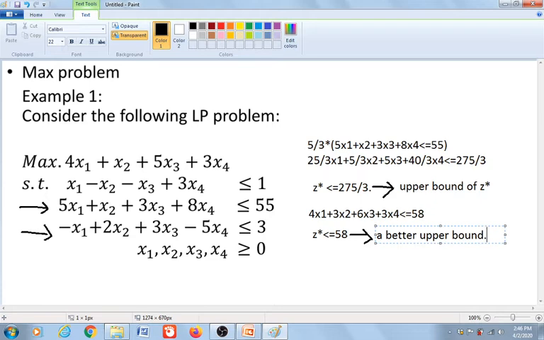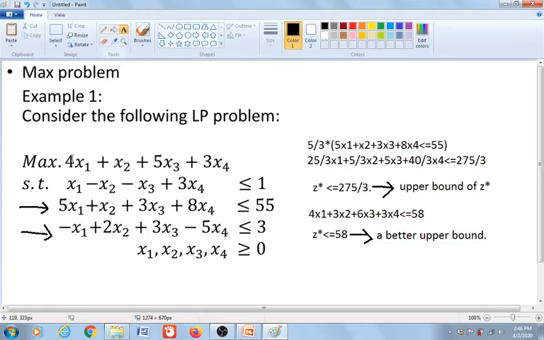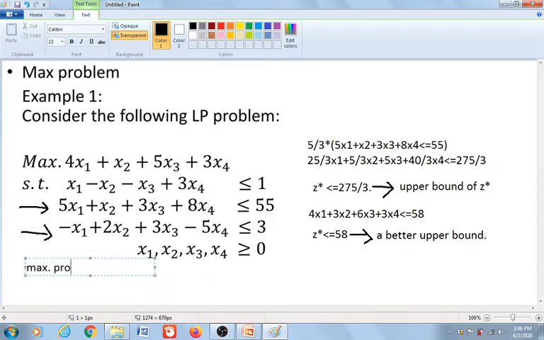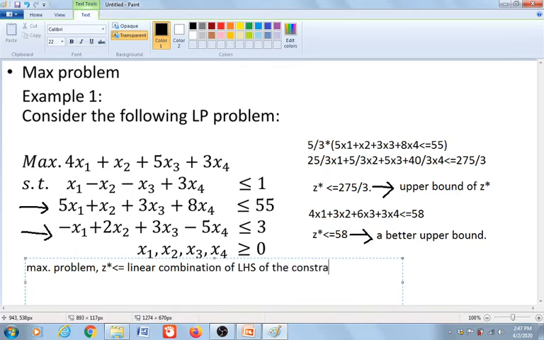Based on this fact, we can conclude for the max problem that z star will be less than or equal to the linear combination of the left hand side of the constraints, and that must be less than or equal to the right hand side of the constraints.